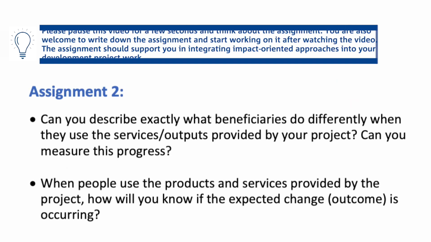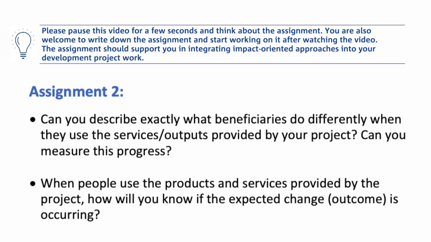Go back to your project intervention and check whether you can describe exactly what beneficiaries do differently when they use the services and outputs provided by your project. And can you measure this progress? So what in my example was the step that families use clean water.